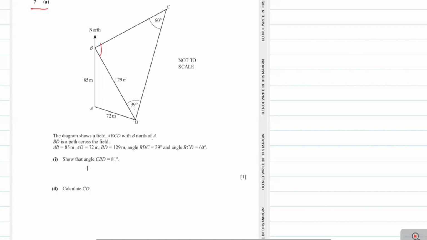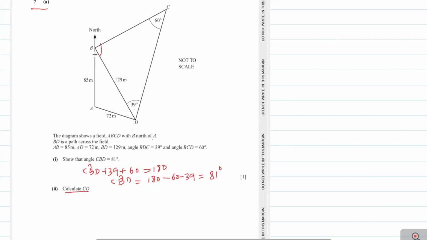We write here CBD plus 39 plus 60 equals 180, and this CBD will be equal to 180 minus 60 minus 39, and this will be equal to 81 degrees.